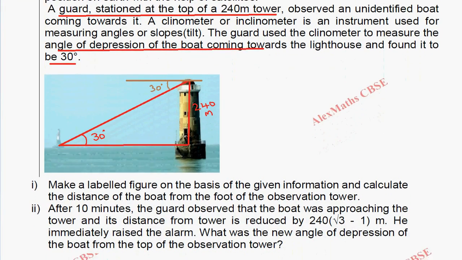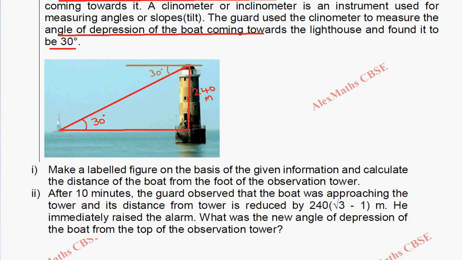As per the question, in the first subdivision, you have to find the distance of the boat from the foot of the observation tower. So let's name this as A, this is B, and this is C. So we are going to take this right angle triangle. In triangle ABC, let's take tan 30 degrees.